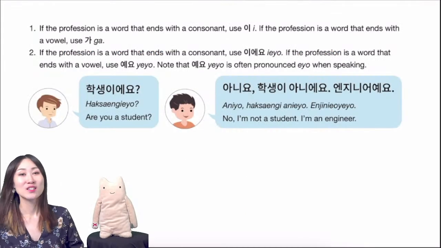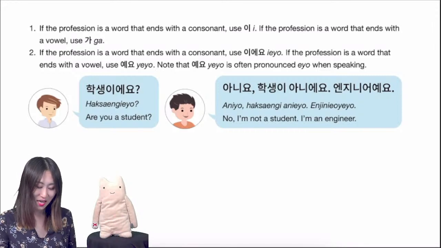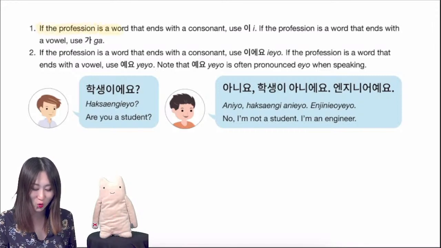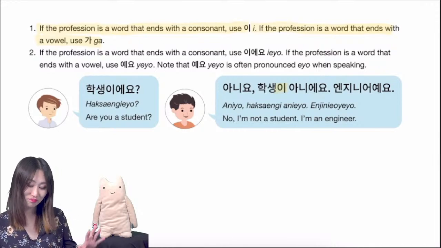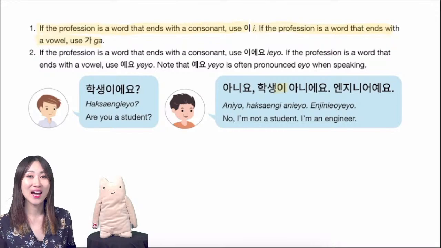Okay, so this is a summary. If the profession is a word that ends in a consonant, use 이, as in 학생이 아니에요. If the profession is a word that ends with a vowel, use 가, such as 투자가 아니에요 or engineer가 아니에요.